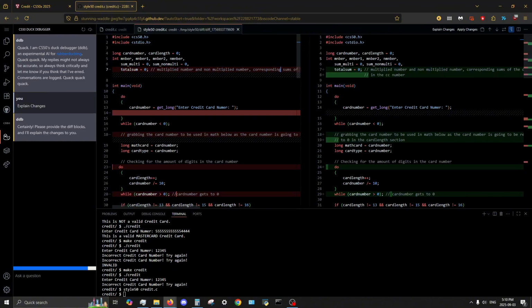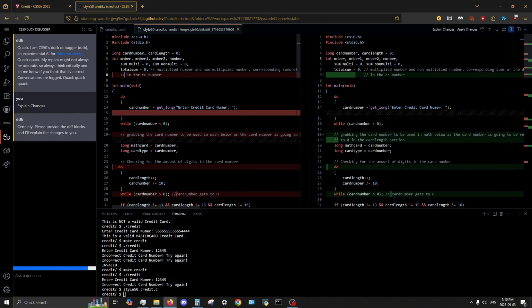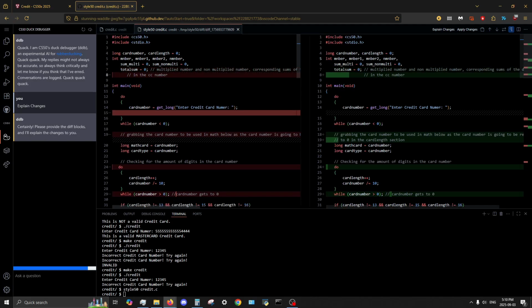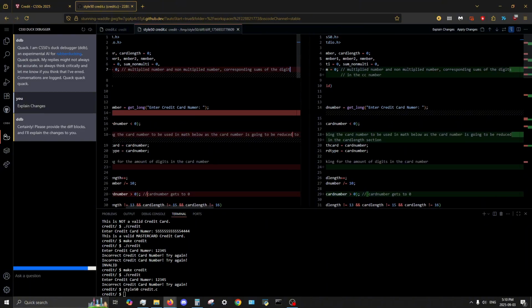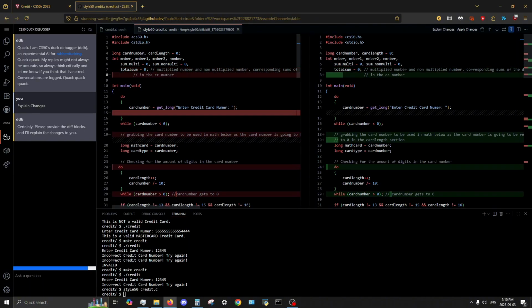Multiplied sums of digits. I'll automate that before. So remove this line.